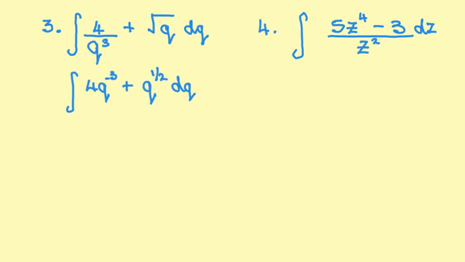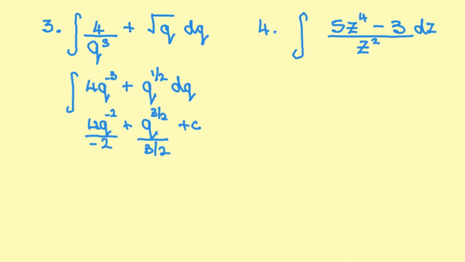Now we can use the power rule. So we get 4q, minus 3 plus 1 becomes minus 2, divided by minus 2, plus q, a half plus 1 becomes 3 over 2, divide by 3 over 2, plus c.